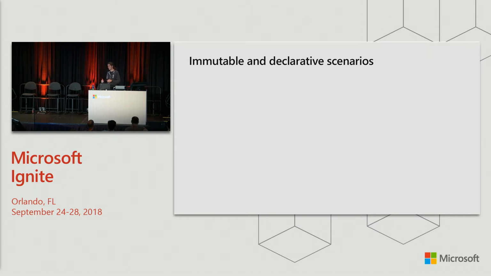So as we think about having these immutable and declarative scenarios, we're really going to talk about the things that you have to think about in your approach to be declarative and immutable. And clearly there is the resource. It could be a storage account, a Cosmos database, a machine learning account, a cognitive service, a data factory, hundreds of services.